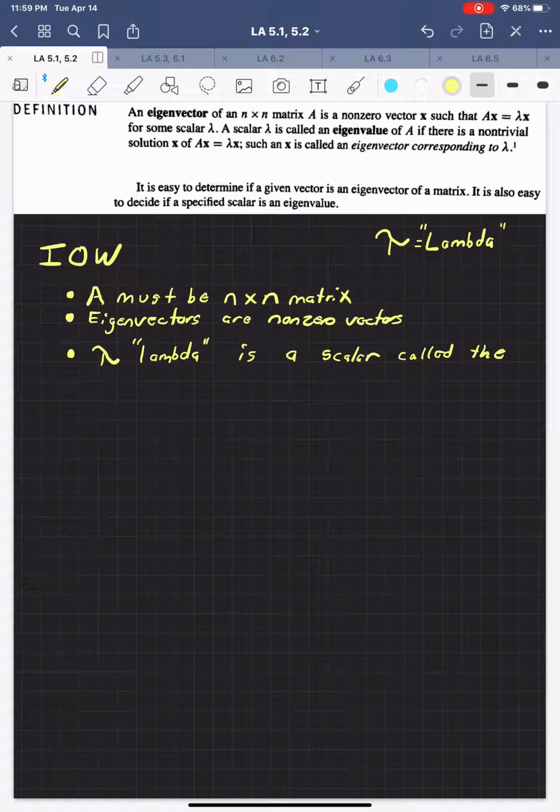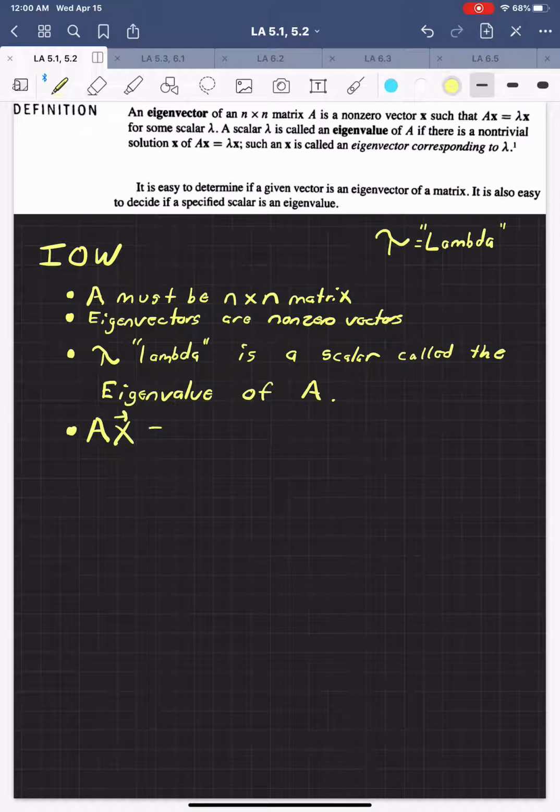Now, lambda is the eigenvalue, but it's important to always say eigenvalue of what? So it's called the eigenvalue of matrix A. Now let's go ahead and take a look up here. So let me write out that equation: multiplication of some matrix A by some vector x is equal to the multiplication of some scalar by x.